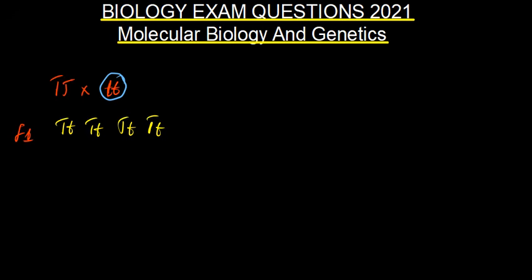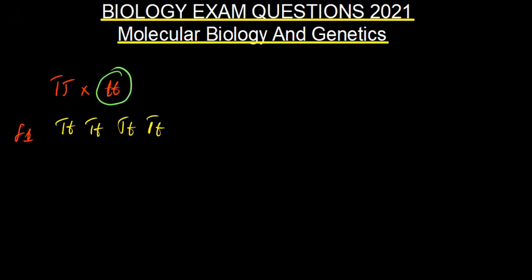Because of this, Mendel wondered what would have happened to this short plant. So for him to know the genotype of the F1, he did what is known as a test cross. A test cross is a type of cross where you are crossing one of the offspring from the F1 to one of the parents which has a recessive trait.